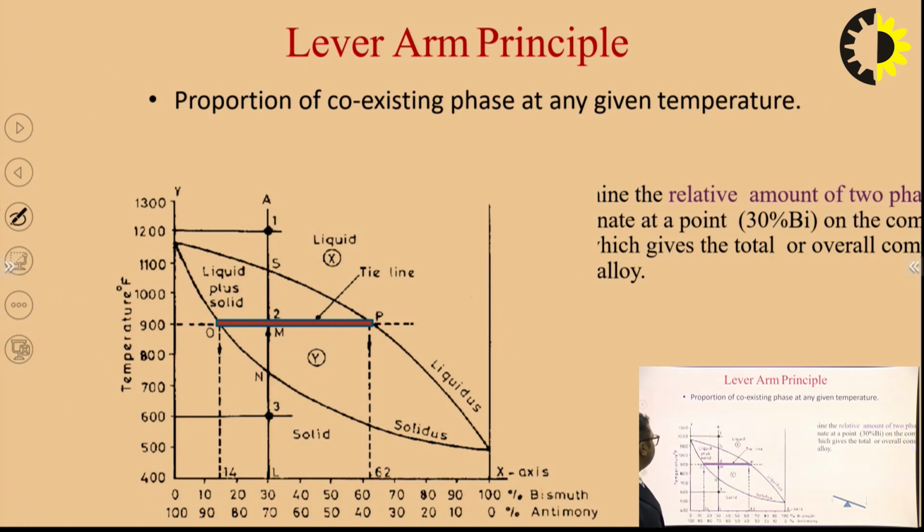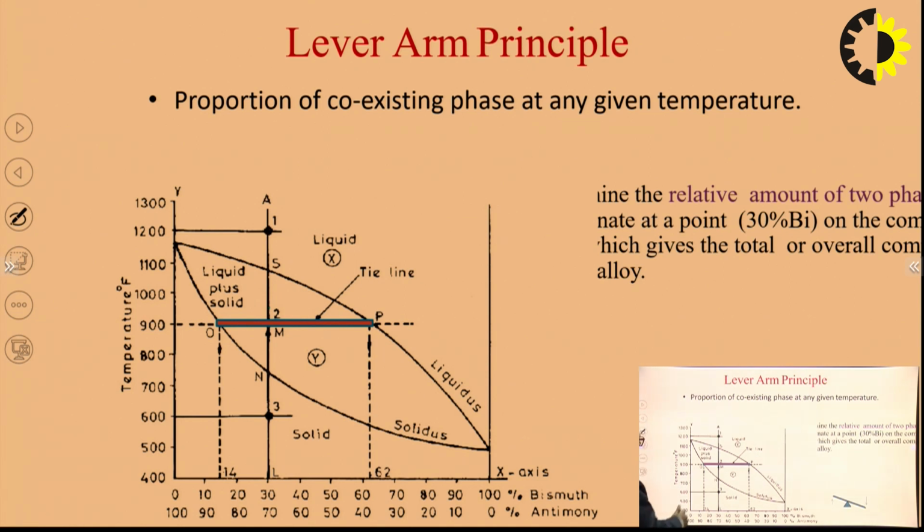temperature has been drawn, and you can see that these are the lines. This is the first point, this is the second point, this is the third point. The first point lies in the liquid phase, the third point lies in the solid phase, and the second point lies in the mushy zone.